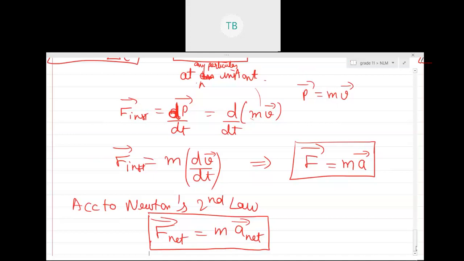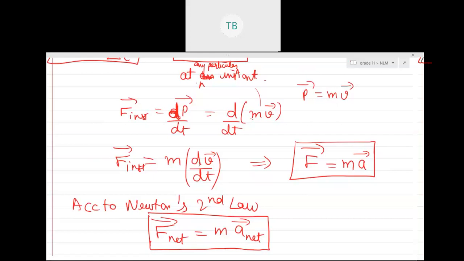So it should be dv by dt, right? This is m into dv by dt. What does dv by dt mean? If you remember, a was equals to dv by dt, from kinematics.